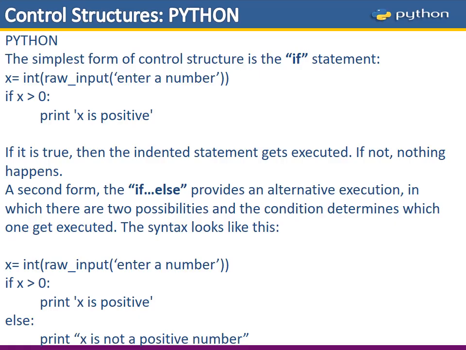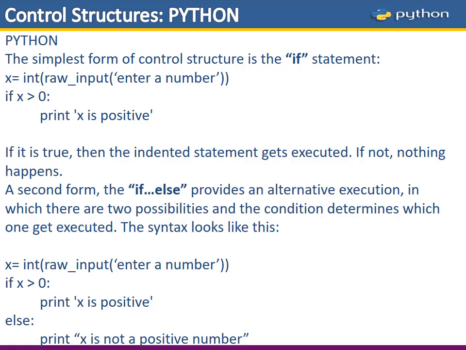Now our if statement condition: if s is greater than 0, print s is positive. If this condition is true, then the intended statement gets executed, and if not, nothing will happen.